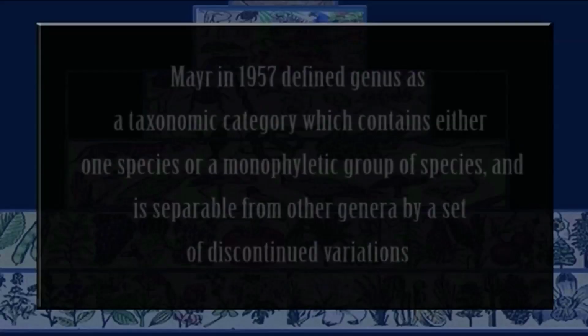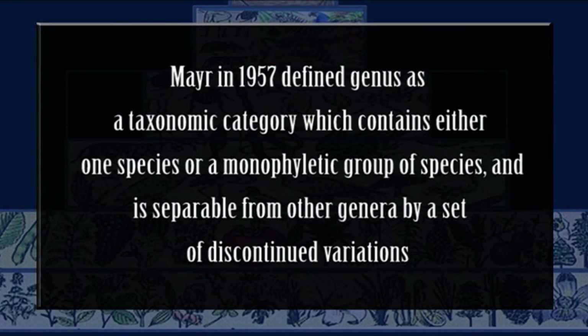The word genus is a component of the name of an organism in the binomial system of nomenclature. Mayr in 1957 defined genus as a taxonomic category which contains either one species or a monophyletic group of species and is separable from other genera by a set of discontinuous variations.